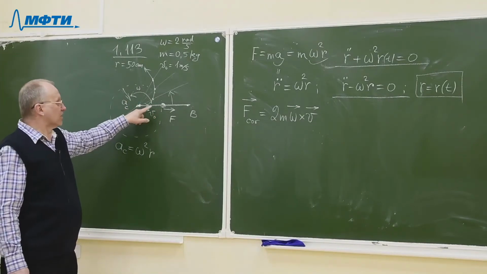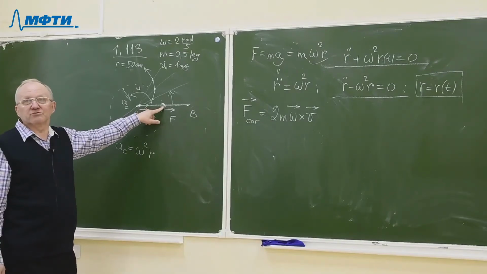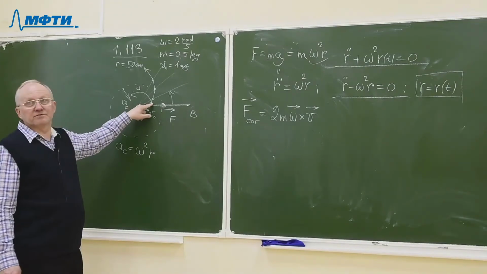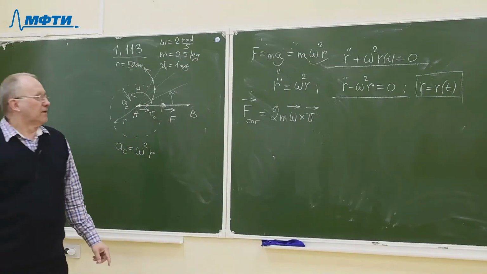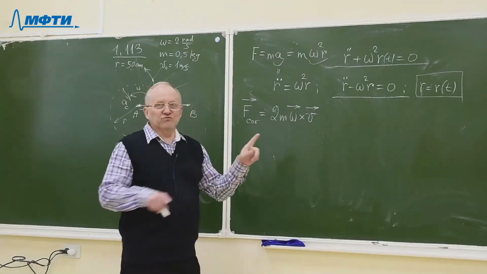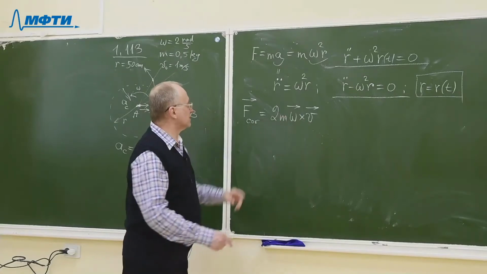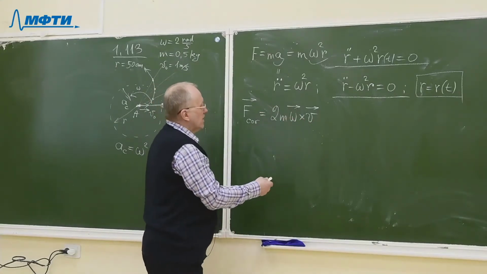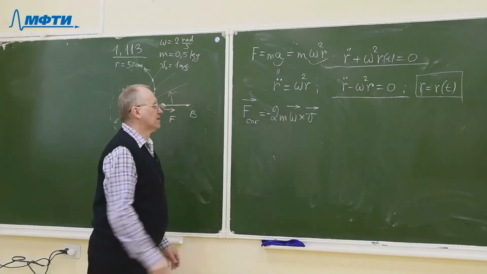And the same Coriolis force, the same in magnitude but opposite in direction, will act on the rod from the ring. The two forces. One of these two forces, equal in magnitude and oppositely directed, will be defined by this formula, and another will have the same magnitude but opposite direction, that is, it will have a minus sign.